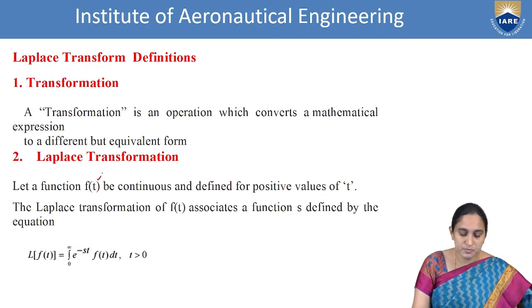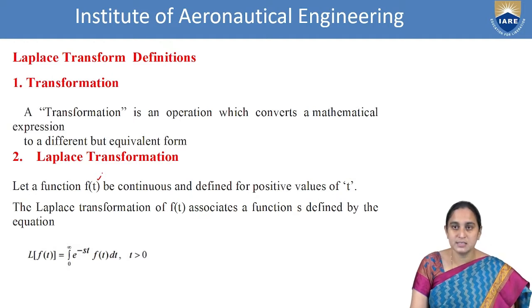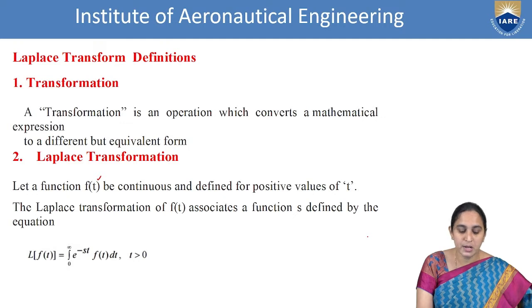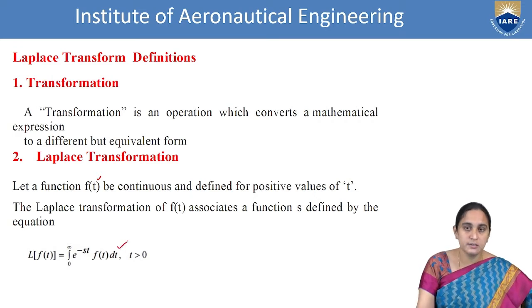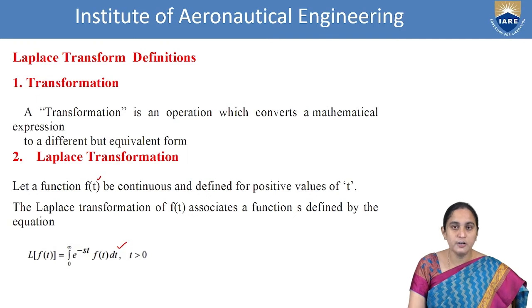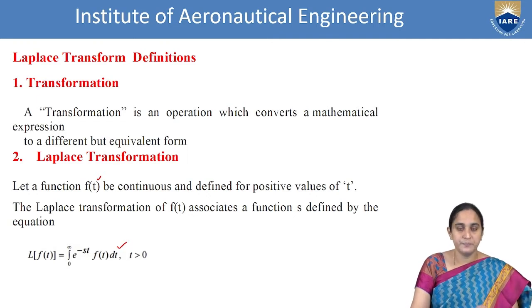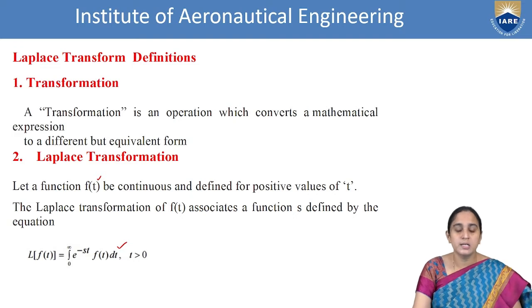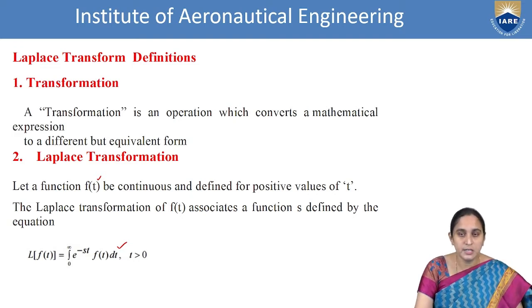The Laplace transformation of f of t associates a function of s, small s, defined by the equation: Laplace of f of t is equal to integral 0 to infinity e power minus st into f of t dt. Here the transformation is between s and t. Here t is always greater than 0.